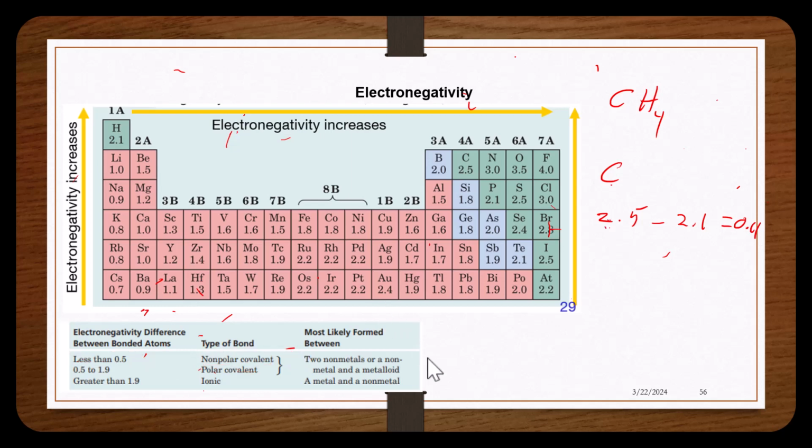I want to go into these three categories where it's nonpolar, polar, and ionic. I'm just going to put nonpolar, polar, and ionic over here. And we describe this as molecules being either 100% ionic or 100% covalent.